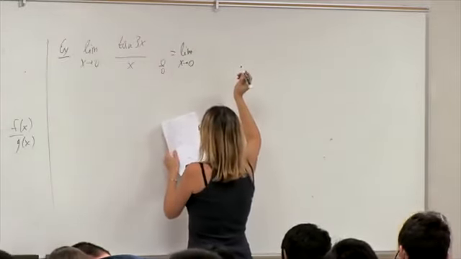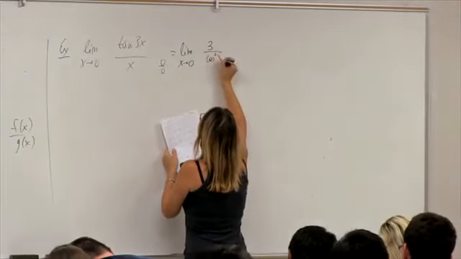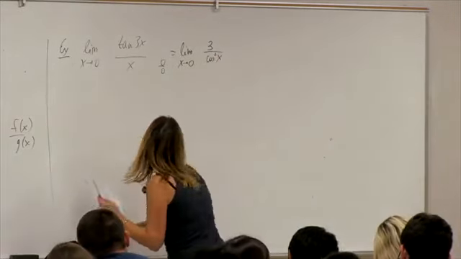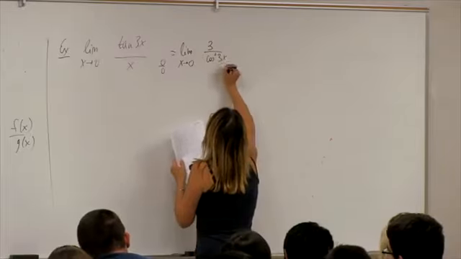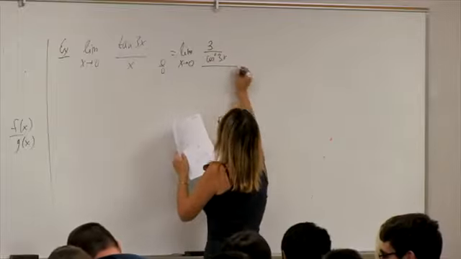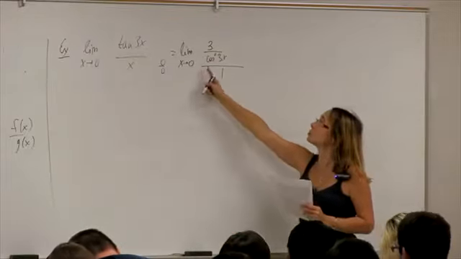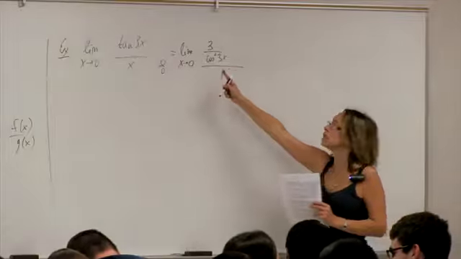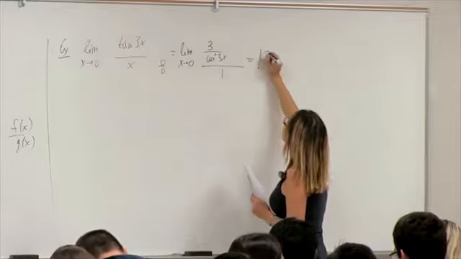What's the derivative of the tangent? It's 3 divided by cos squared 3x, divided by 1. Now x goes to 0, cosine goes to 1. So what's the answer? 3. Very good.